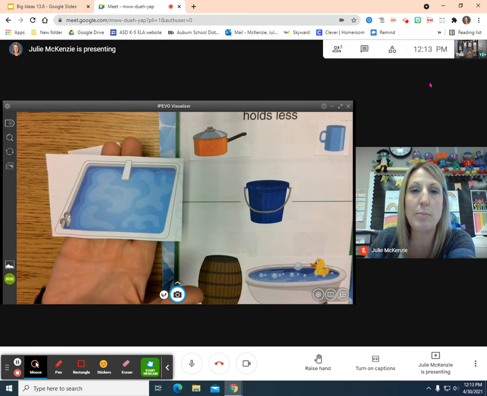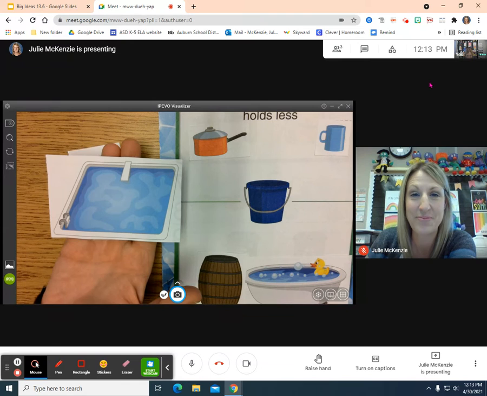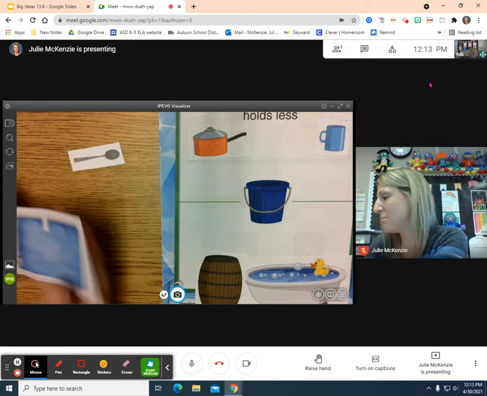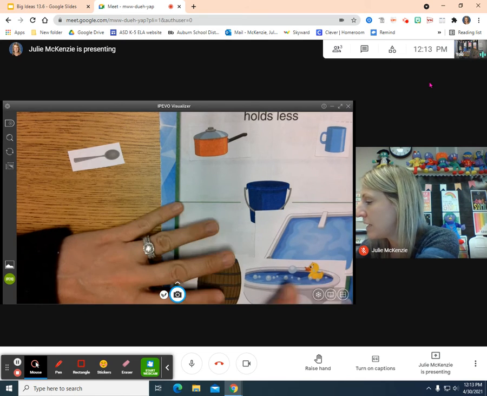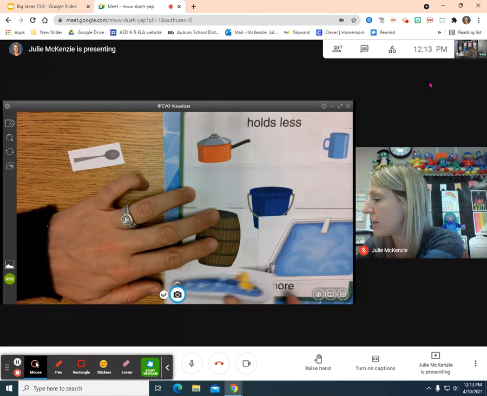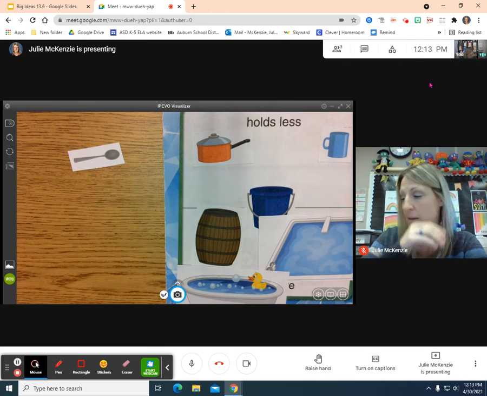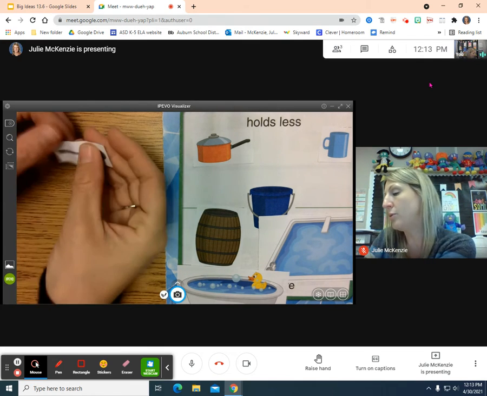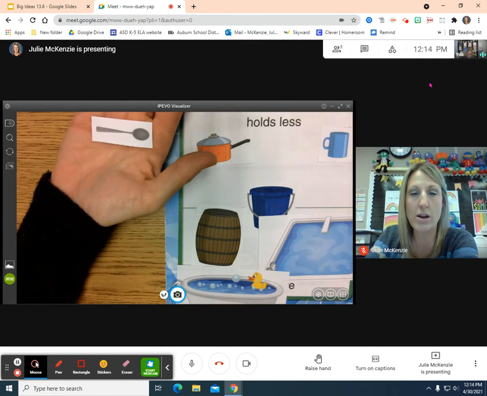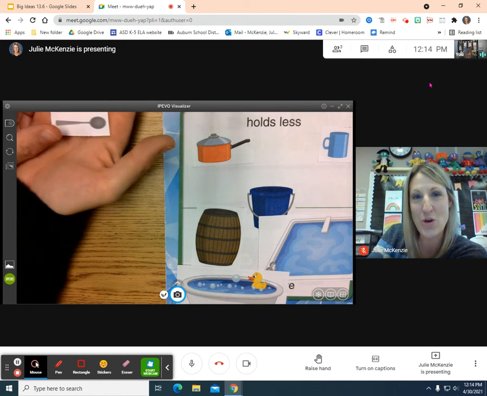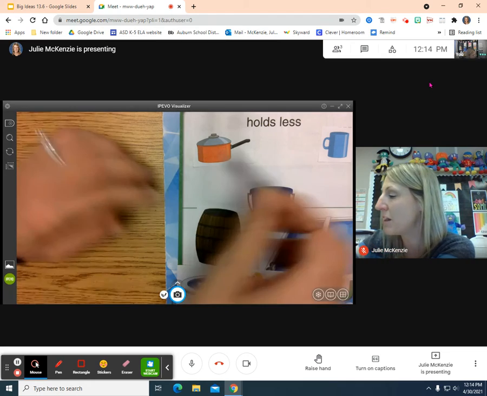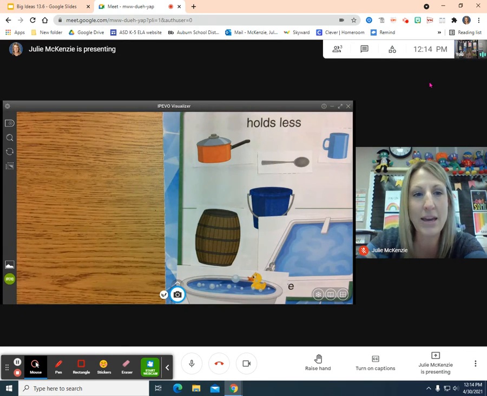Does my swimming pool hold more water or less water than the bucket? It holds more water than the bucket because my swimming pool has a larger, or a greater, capacity than the bucket. And finally, the spoon. Does the spoon hold more water or less water than the bucket? Less water, because the spoon has a smaller capacity than the bucket.